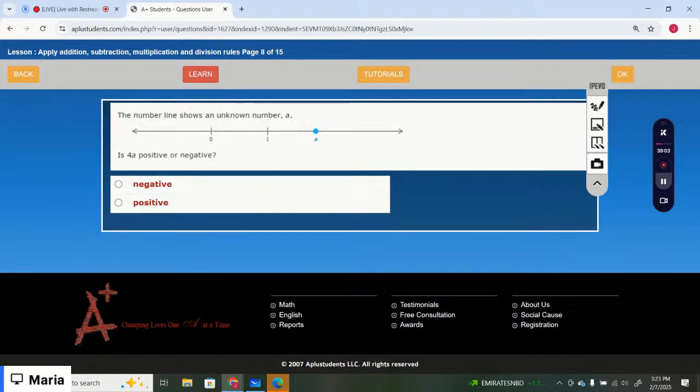The number line shows an unknown number A. 4A is positive. The correct option is option number 2, positive it is.